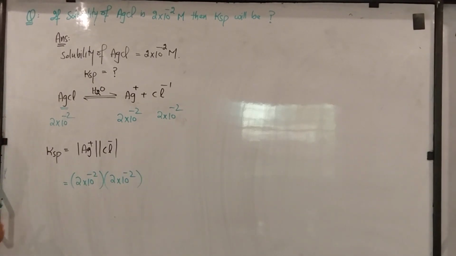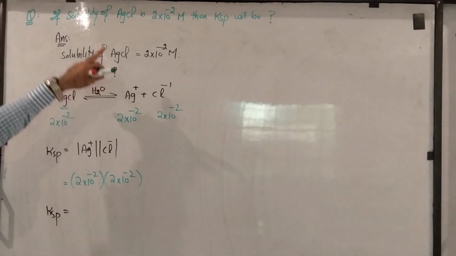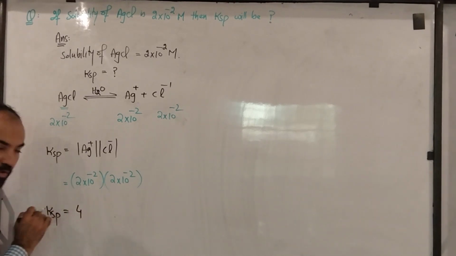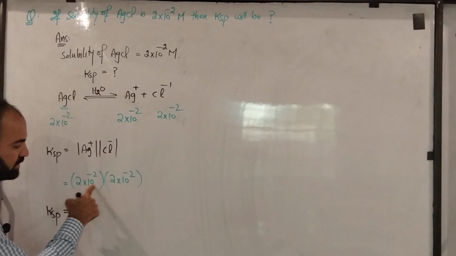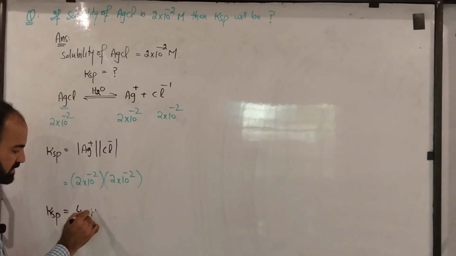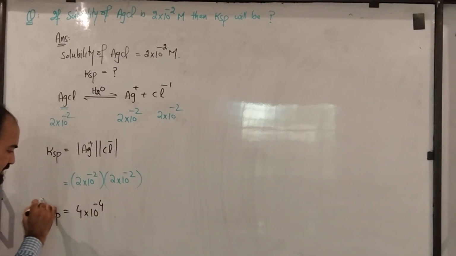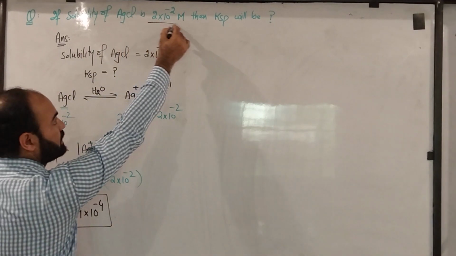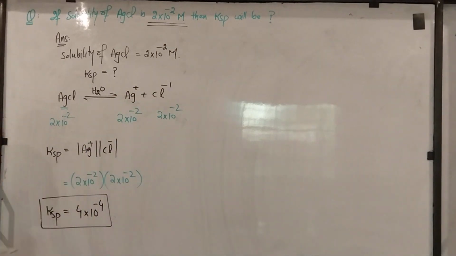So what we get in the KSP expression, or the KSP of silver chloride, is 2 times 2 becomes 4, and the powers are added, so it becomes 4 10 raised to power minus 4. So that is the KSP of the silver chloride, which has a solubility of 2 10 raised to power minus 2. Is it clear?